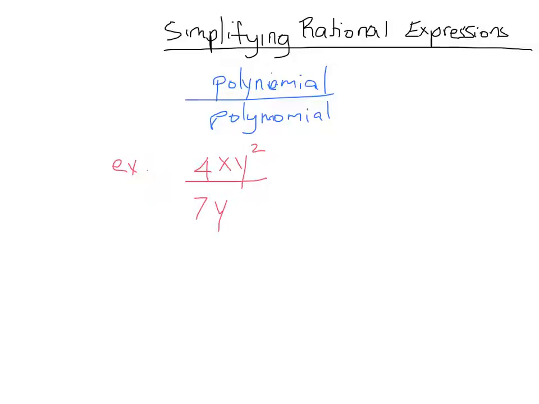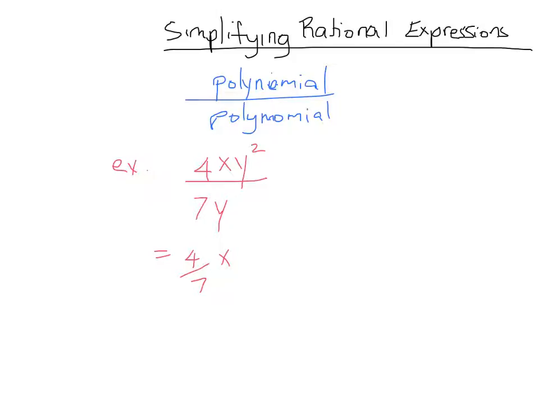All right, so let's look at how to simplify something like this. It's pretty simple or simplified already, but we can do a little bit more to it. We would want to divide the numbers by the numbers, so we have 4 over 7. The x's by the x's, but we only have an x on top, so it just stays x. And the y's by the y's.